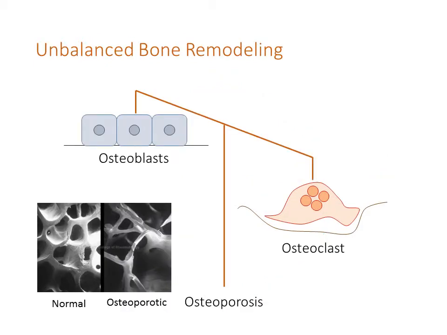When the activities of these two cell types are unbalanced, for instance, the osteoclasts work more than the osteoblasts, then you can have a bone disease, for instance, osteoporosis, with a bone loss and a number of fractures.